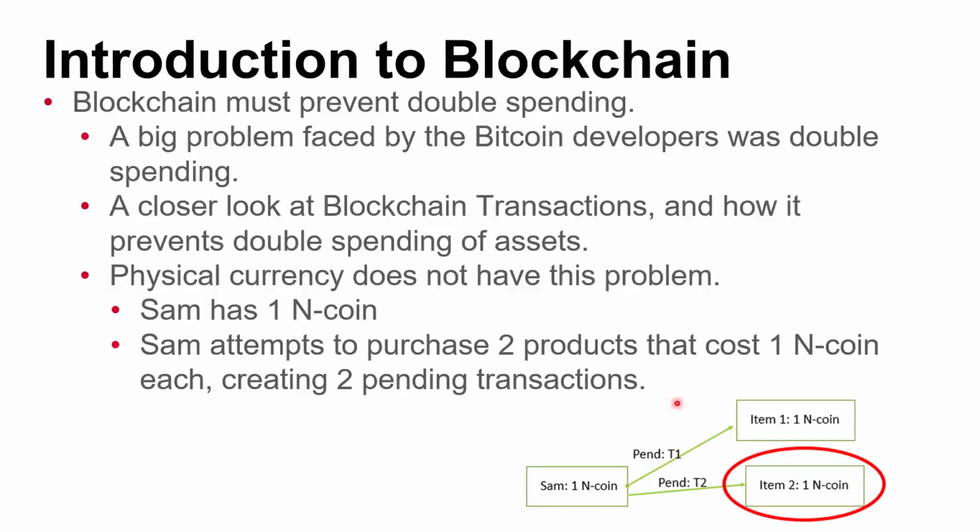We talked about this a little earlier about double spending. Double spending with any electronic asset has always been an issue. And the way that we are addressing it here is once a transaction is completed, the transaction must be validated. So we can see in this case that Sam has one coin. I'm calling it N coin here.